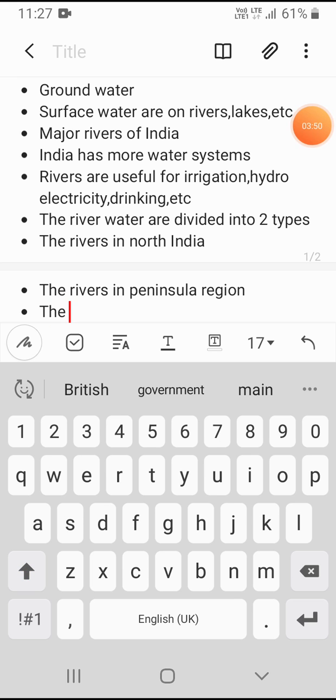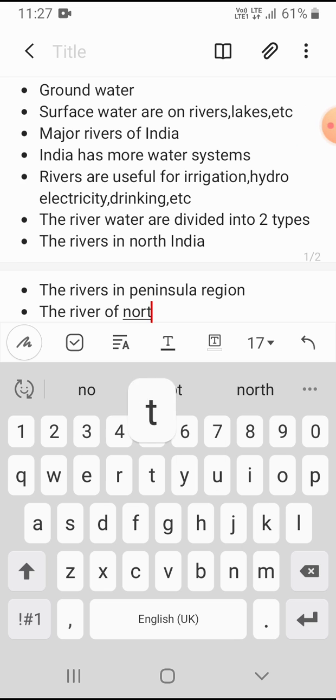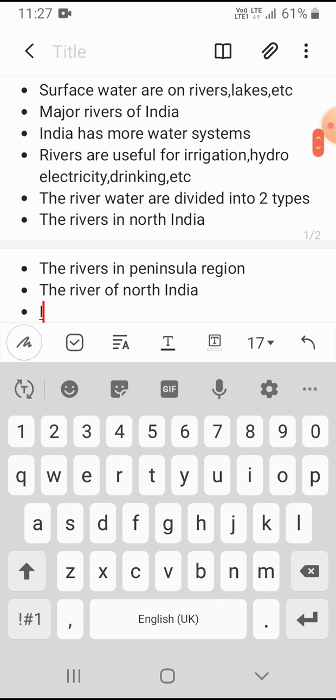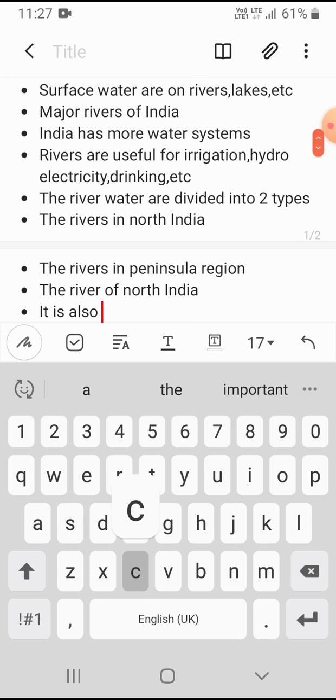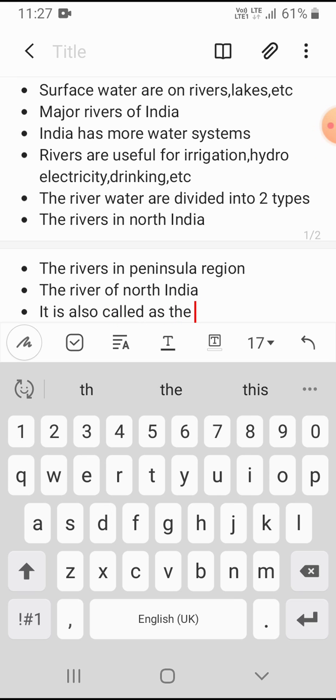So the first one is the rivers of North India. Let's know about it. It is also called the Himalayan rivers.